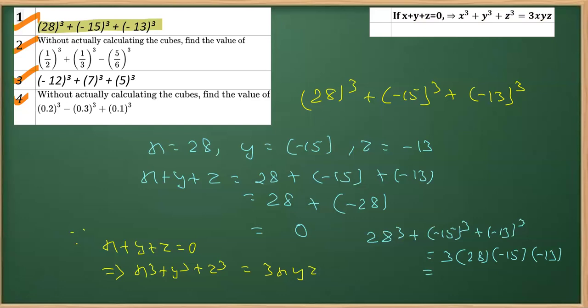And then you have to multiply these numbers. That is, we'll multiply 28 with minus 15 and with minus 13. There are 2 negative signs, so it will be positive, and that comes out to be 5460. So this is the answer.